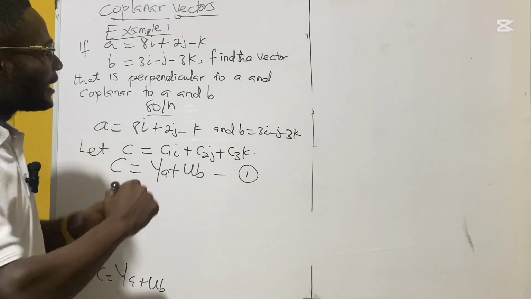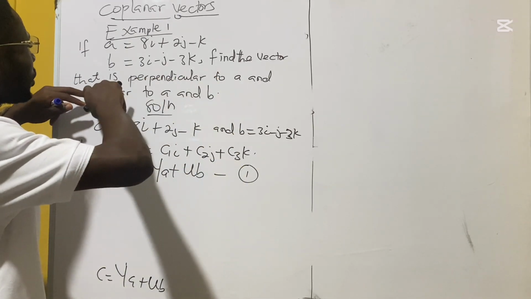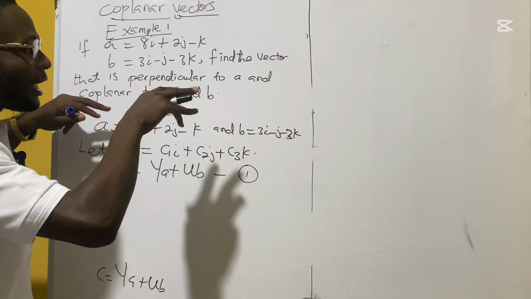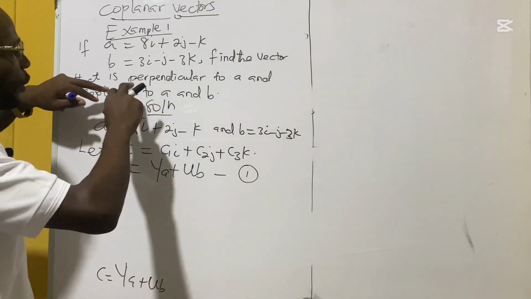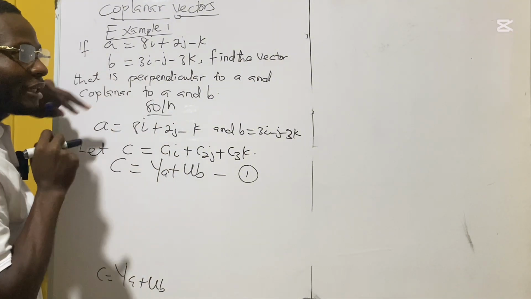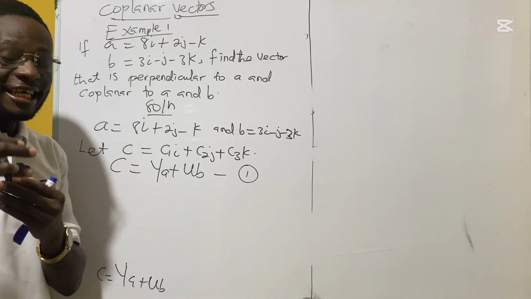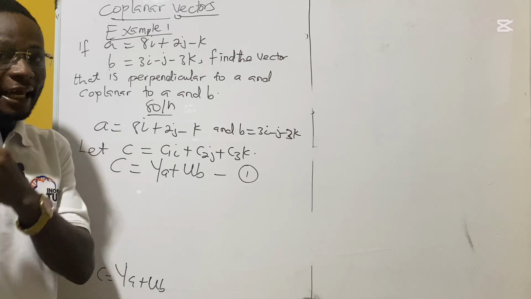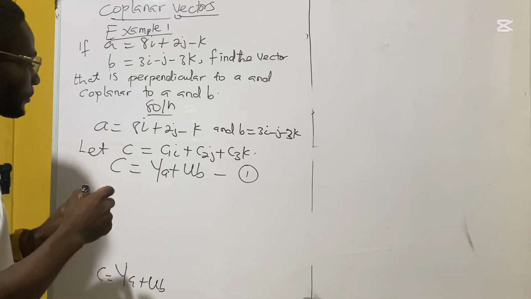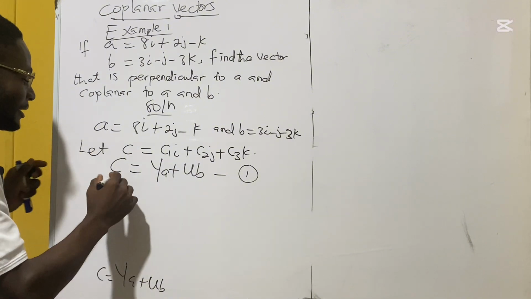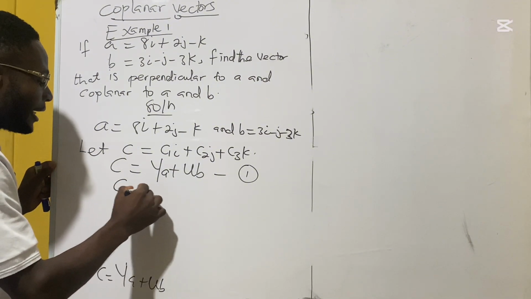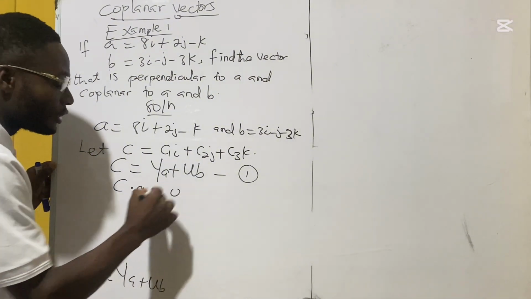And second, they said we should find the vector that is perpendicular and coplanar. So let's talk about the perpendicular section. Also, C is perpendicular to A. So that means that C dot A is equal to 0.